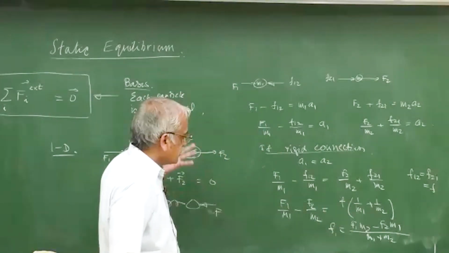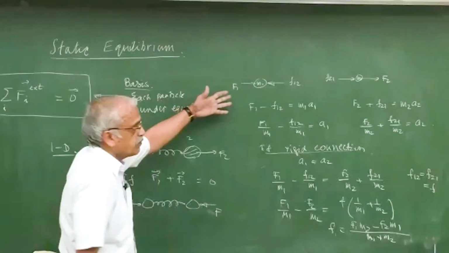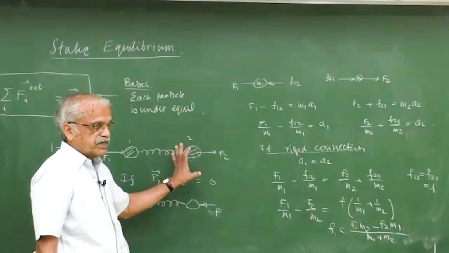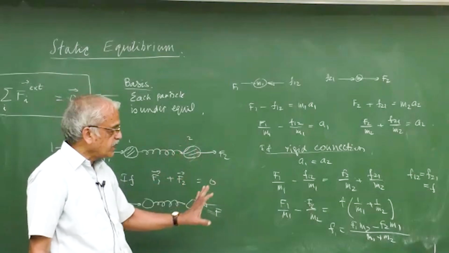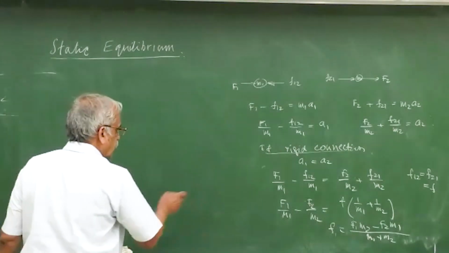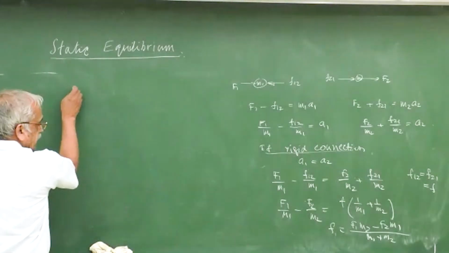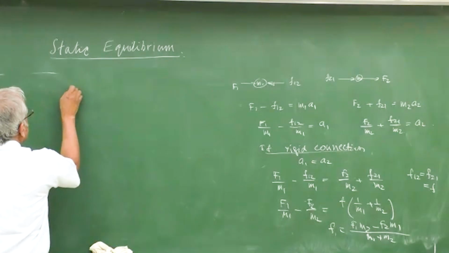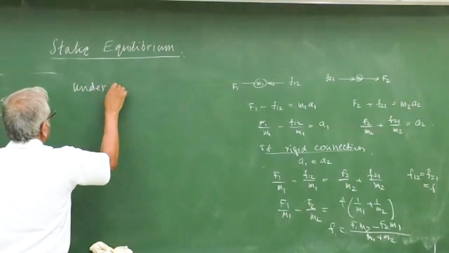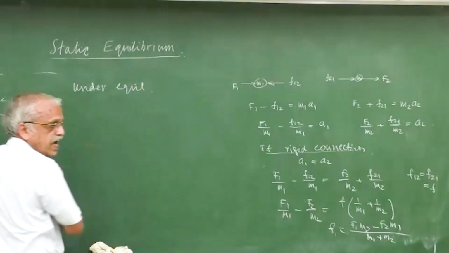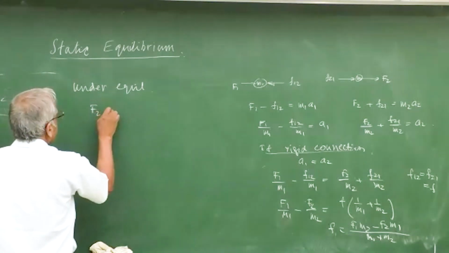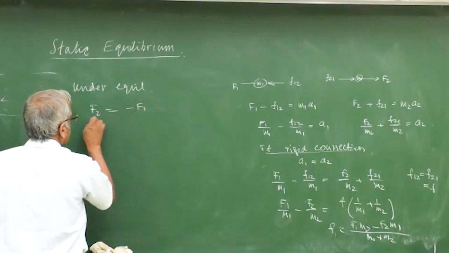Since our premise is that, as a system, it is under equilibrium, which means F1 plus F2 equals zero. If it is under equilibrium as a system, then F2 is equal to minus F1, right?